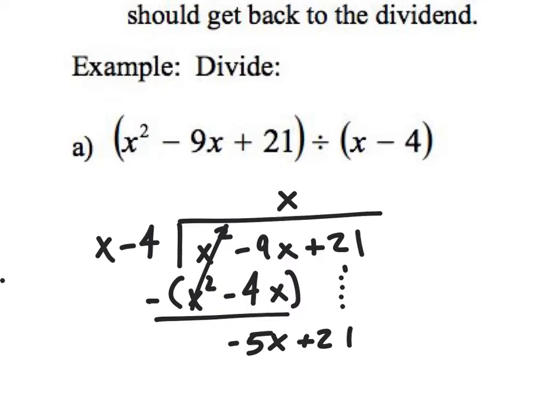Now I repeat the process. All right, so now I do the same thing. I'm going to say, okay, x times what gives me negative 5x? And that's just going to be minus 5. All right, so now I'm going to take negative 5 and multiply it by x minus 4. So negative 5 times x gives me minus 5x.